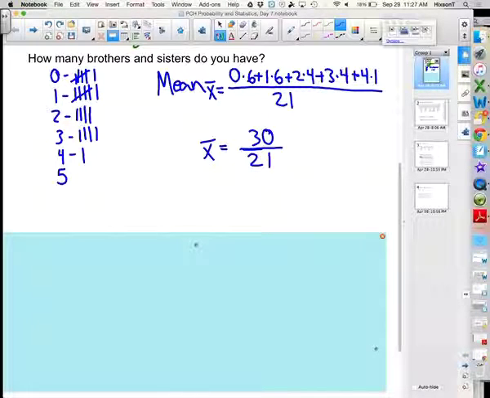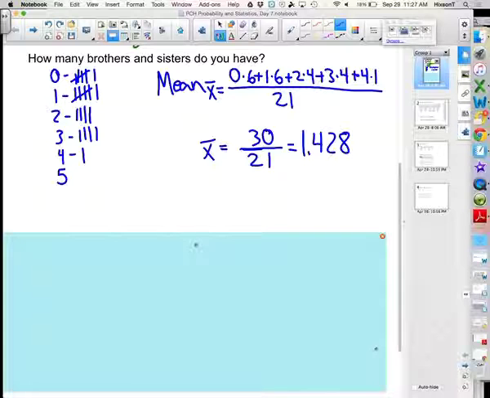And that's over 21, and what does that give us? 1.428. Okay. You know what's interesting is that you guys have more in the 3 range than first period did, but their mean was actually higher.